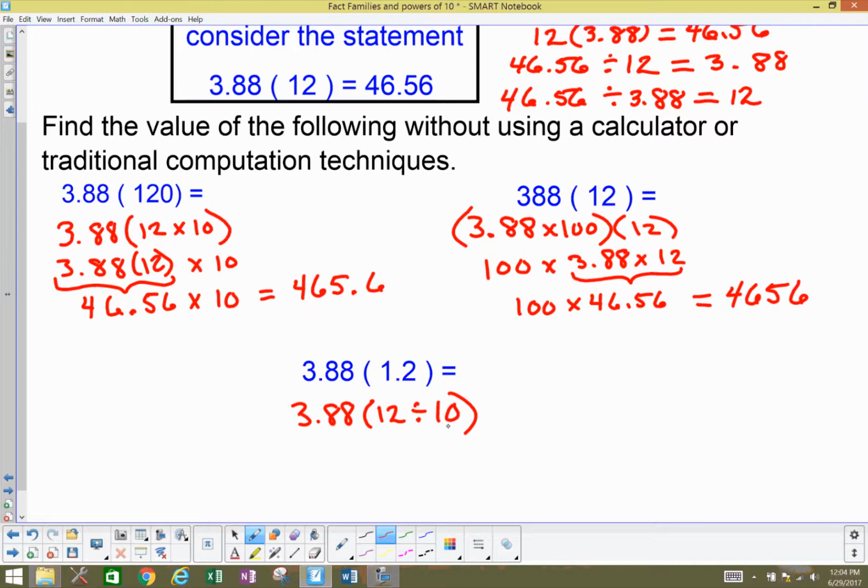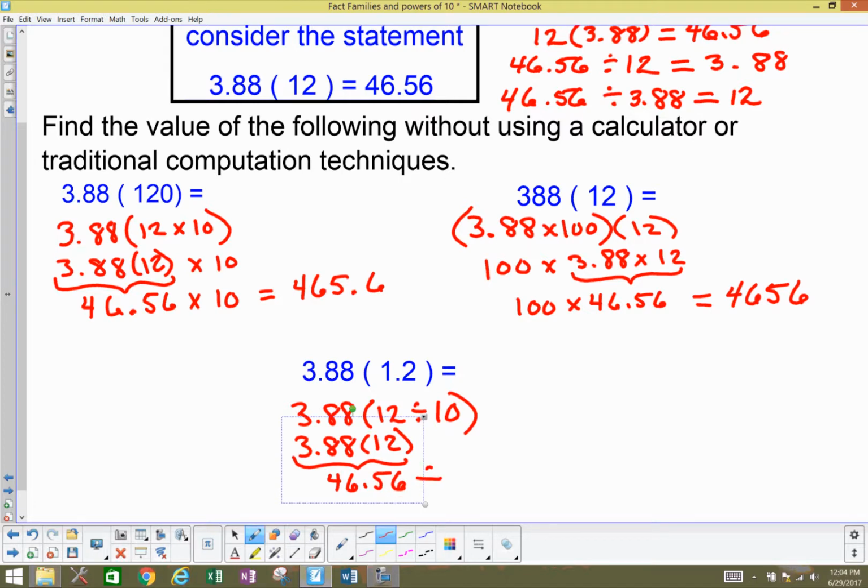Twelve divided by 10 is 1.2. I just replaced it. So now I can look at this and say, well, 3.88 times 12 gives me an answer of 46.56.